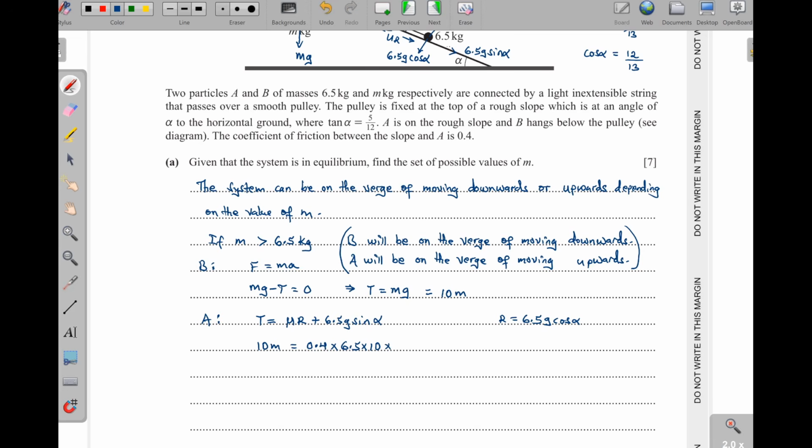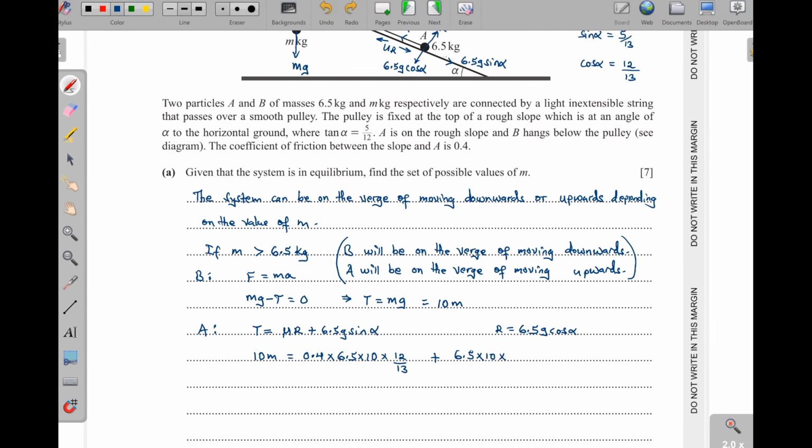Now we come to this one here: cosine alpha we have gotten as 12 out of 13. Then plus, this is 6.5, g is 10, and sine alpha is 5/13. Now that means we can get the value of m. This one here will give us 65, and 13 goes into 65 5 times.